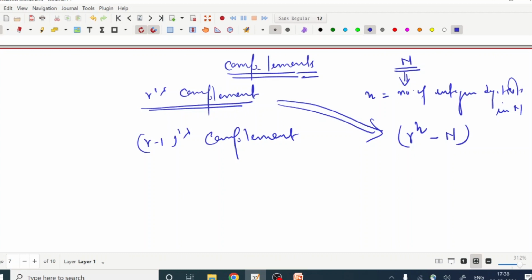Let us take an example. Let us take the number 789, which is in base 10.